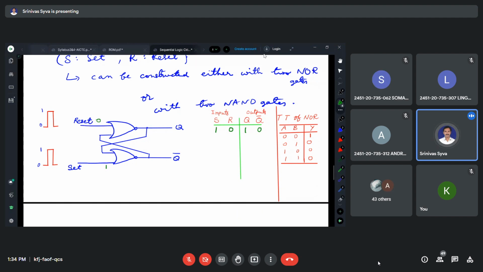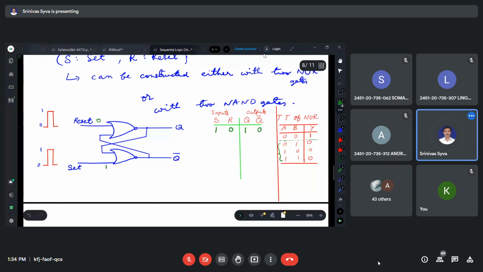See, from the truth table of the NOR gate, what you will understand is, if any one of the inputs is 1, or if both the inputs are 1, then the output is 0. You can classify these 4 combinations into 2 parts.